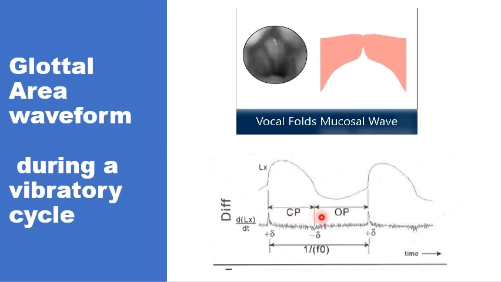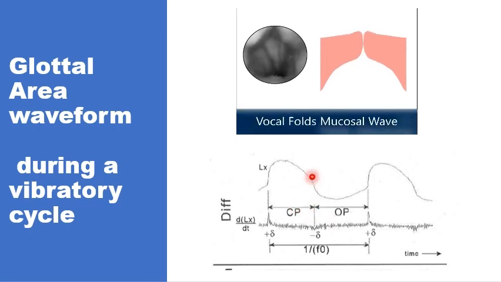And when they slow down while getting apart to open up the glottis, there will be a small dip in here, much smaller than the positive peak, and this would mark the end of the closing phase and the start of the opening phase of the vibratory cycle.